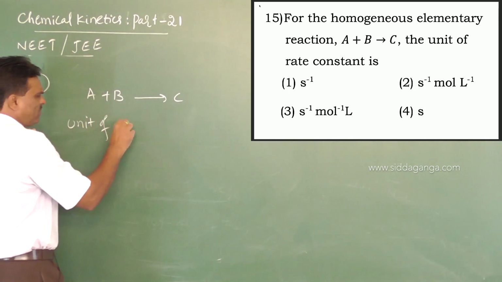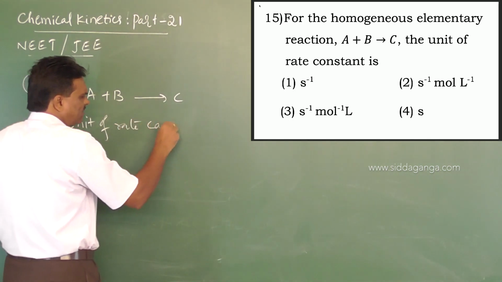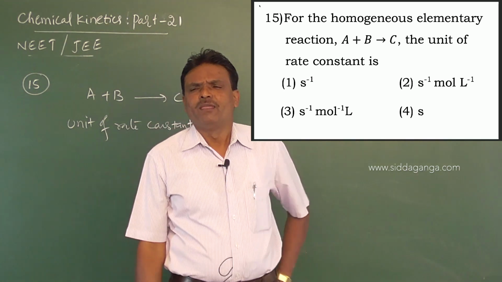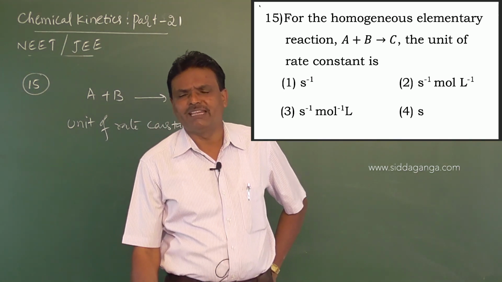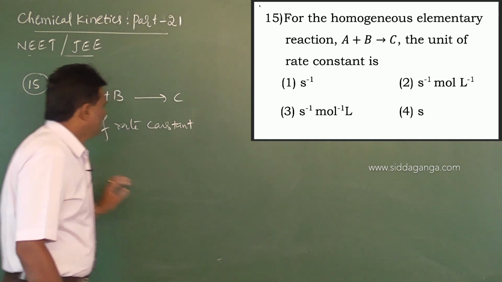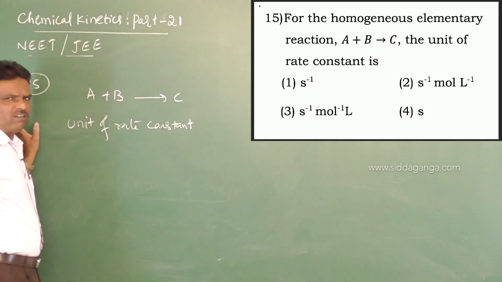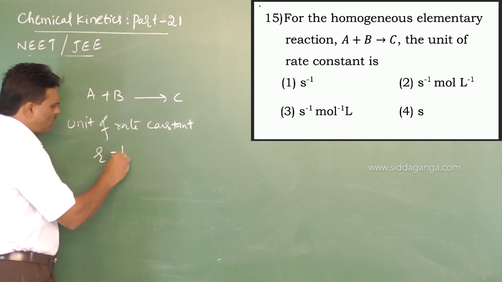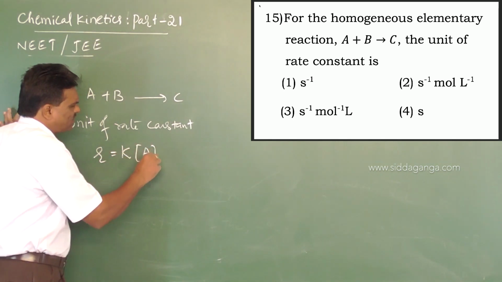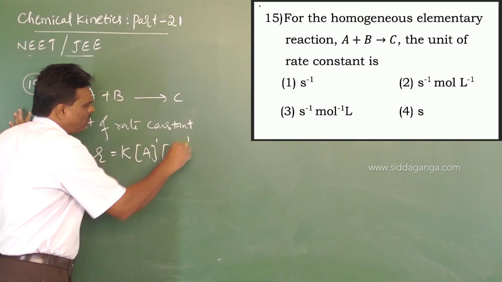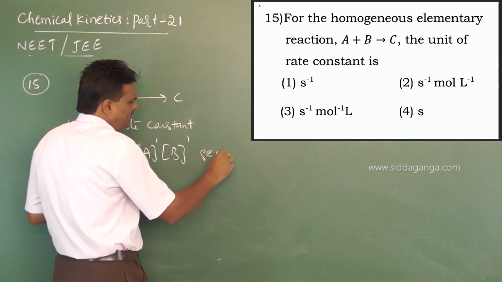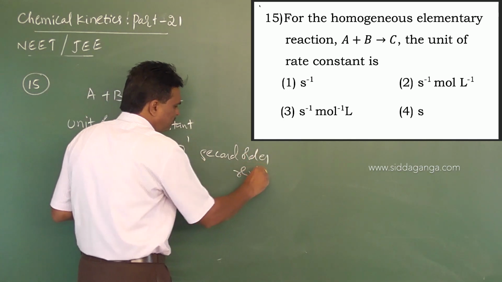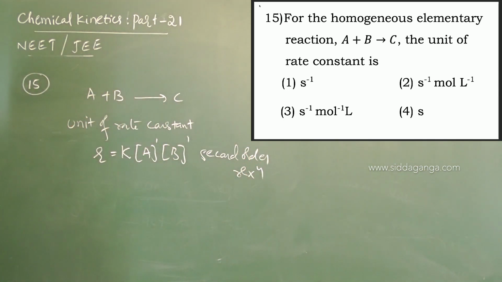What they have asked is for the homogeneous elementary reaction. So here this is a second order reaction. So R is equal to K into molar concentration of A power 1, B power 1. It is a second order reaction.